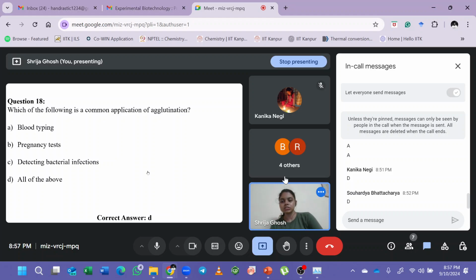So this is the last question of the session. Does anyone have any doubt in any of the questions that were discussed, or any of the techniques that have been discussed, or any other doubt from this topic altogether? Everything is clear to everyone?